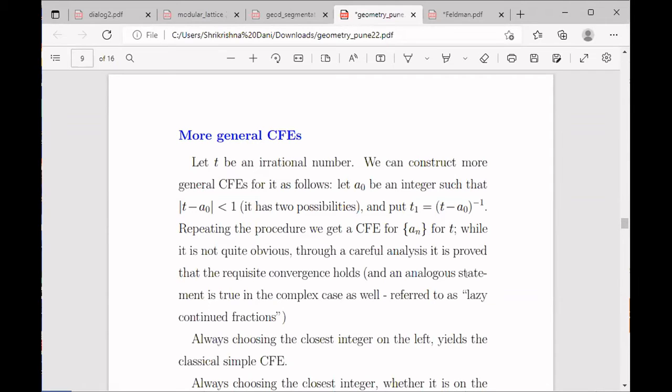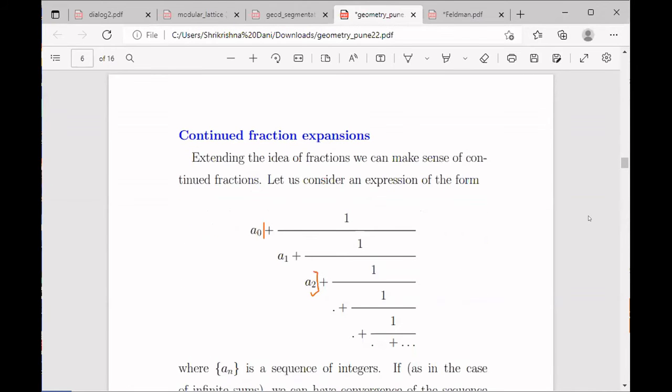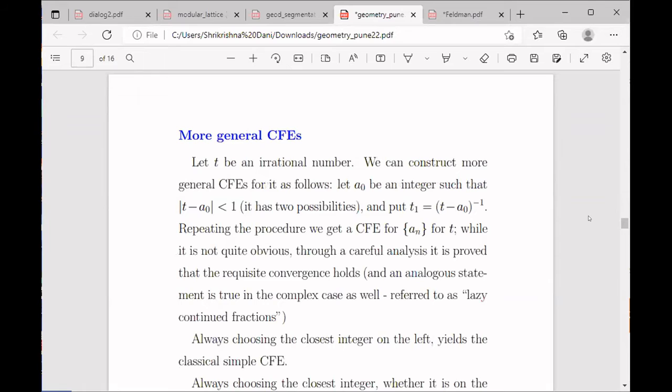Doing it in this fashion, you can convince yourself, and I didn't want to spend too much time on that, that it will again correspond to continued fraction expansions of this form. The difference to keep in mind is that these numbers may be positive or negative. The only thing that we know is that after the second stage, they are going to have absolute value greater than 1.